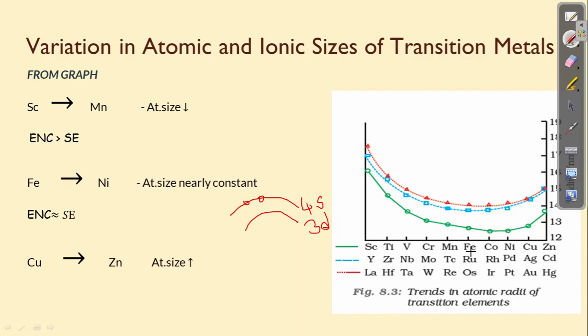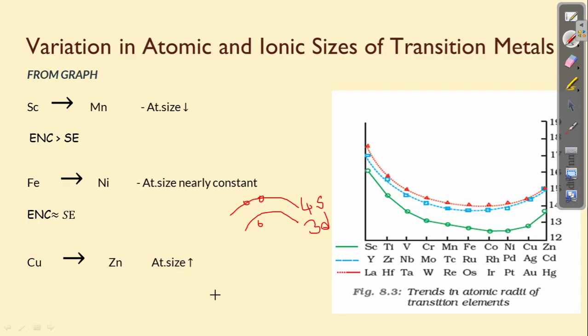Till manganese it is getting filled singly, but from iron it is getting paired up, so it has 6 electrons and the pairing starts. Since the pairing starts, the electron clouds become bigger, and hence the screening effect will be a little more than with unpaired electrons. So it will counterbalance the effective nuclear charge.